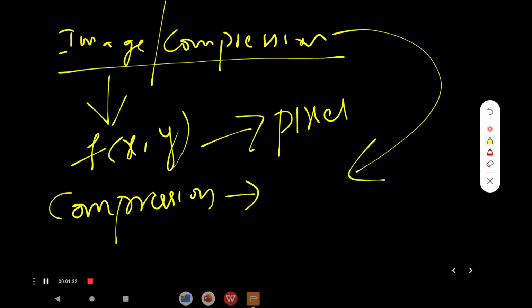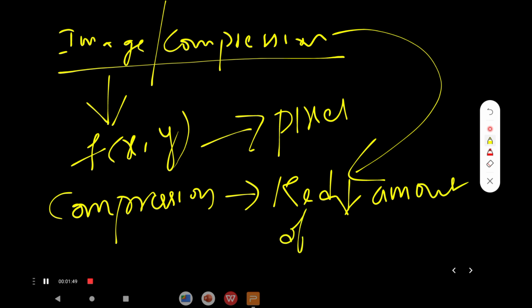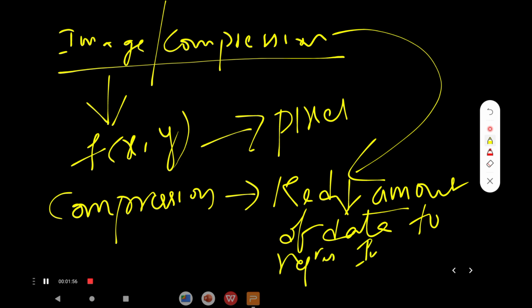Compression means reducing the amount of data required to represent information. So, simply, reducing the amount of data to represent information is generally called image compression.